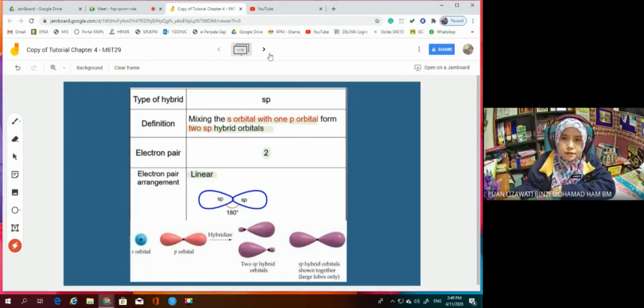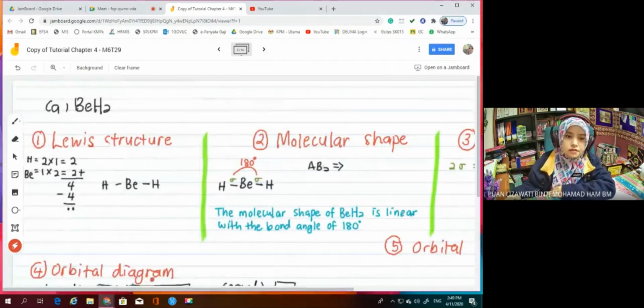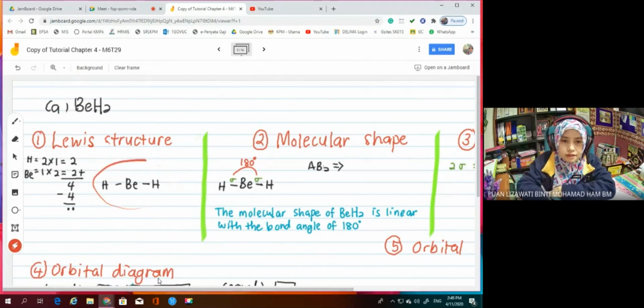Alright, we take a look at the example. The first example is beryllium hydride. Step 1, we have to draw the Lewis structure and calculate the total number of valence electrons. Second step, you have to identify the class of compound. Since in the Lewis structure there are two bonding pair electrons, the class of molecule is AB2, and the shape here is linear.